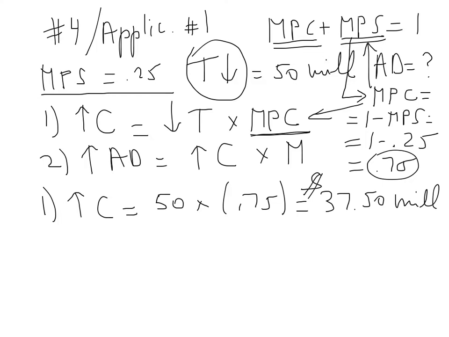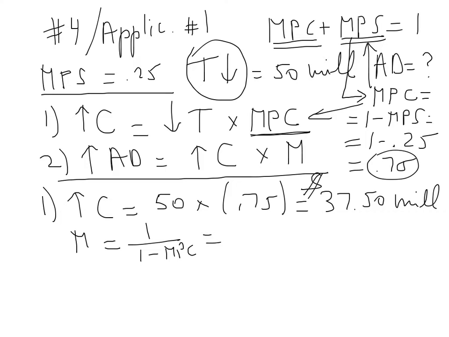Now to use the second formula over here, let's calculate the multiplier. Multiplier is 1 divided by 1 minus MPC, so is 1 divided by 1 minus 0.75, so it's going to be 4. Now we can calculate increase in aggregate demand.